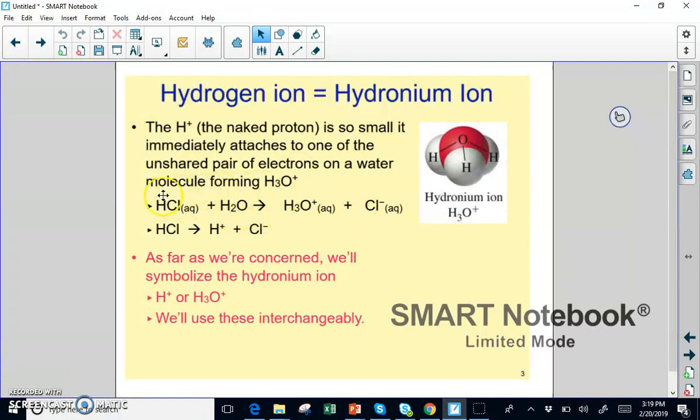This one is written with water, and this one is written without water. But they're equivalent. Here we're just not showing that the H+ hops onto the water and produces H3O+. These two are interchangeable. They mean the same thing. So you could say when you put an acid in water, it produces H+, or you could say it produces H3O+. Those are the same thing.